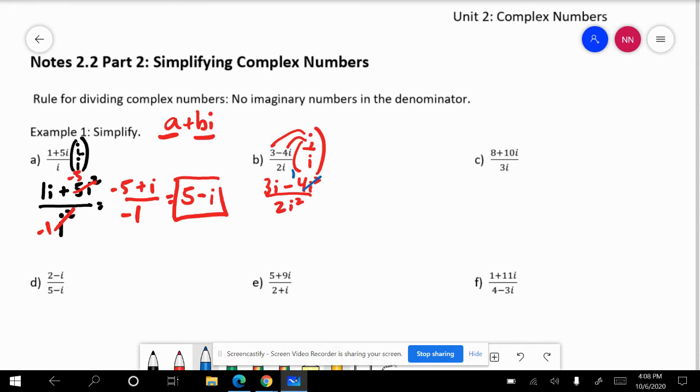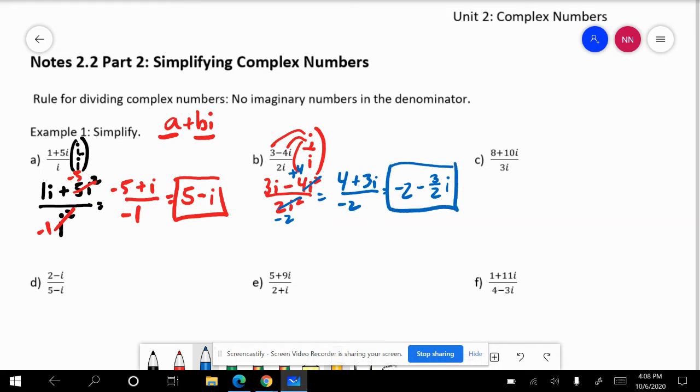Since that's a -4, it's going to be a +4, and 2i squared gives us a -2. So I have 4 plus 3i over -2. I'm going to divide each of them by -2, so I get -2 minus 3 over 2i. And that gives me my answer.